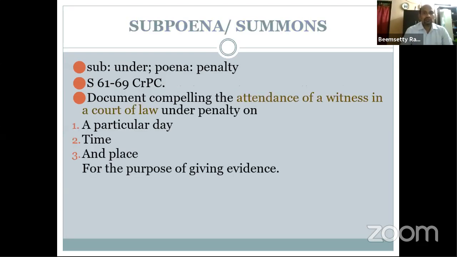Okay. Next is summons or subpoena. What is summons or subpoena? Subpoena: sub means under and poena means penalty, under penalty. It is included in the sections 61 to 69 CRPC. What is this summons?